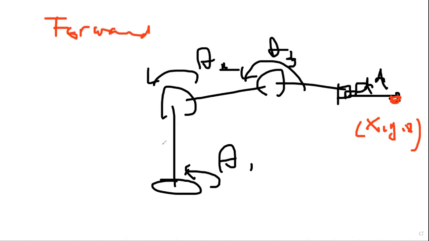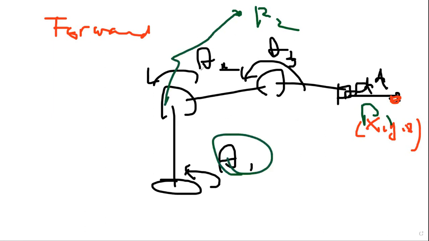Backward kinematics is that I tell you I will go from point 1 to point 2, and I don't care how you did it. Then you need to calculate the amount of theta 1, theta 2, theta 3 for me.